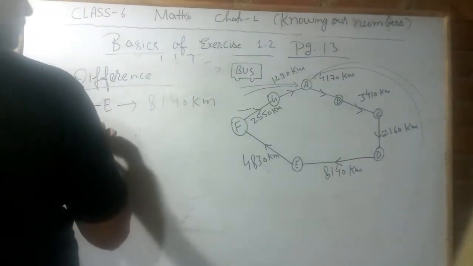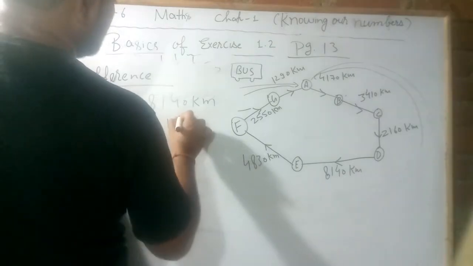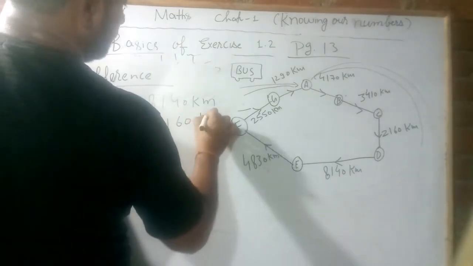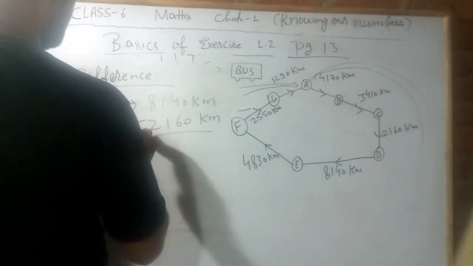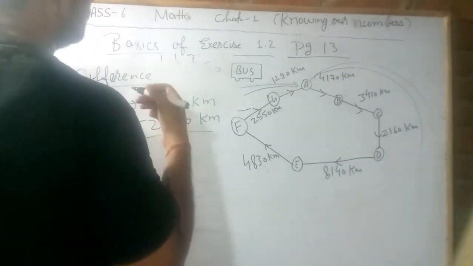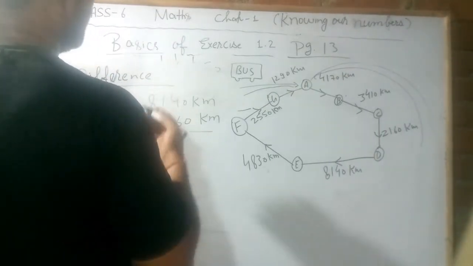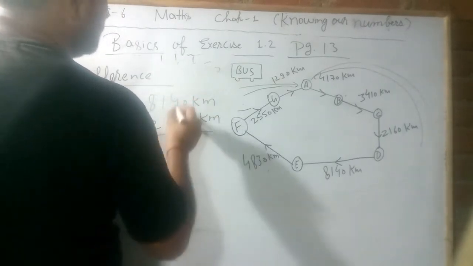Now second, G to D, 2160 kilometer. Now only subtraction we have to do. We have to apply subtraction on it. 0 minus 0, 0 will come.